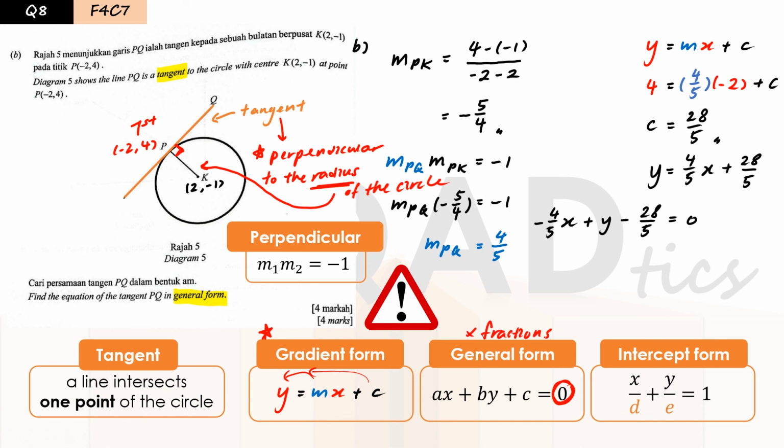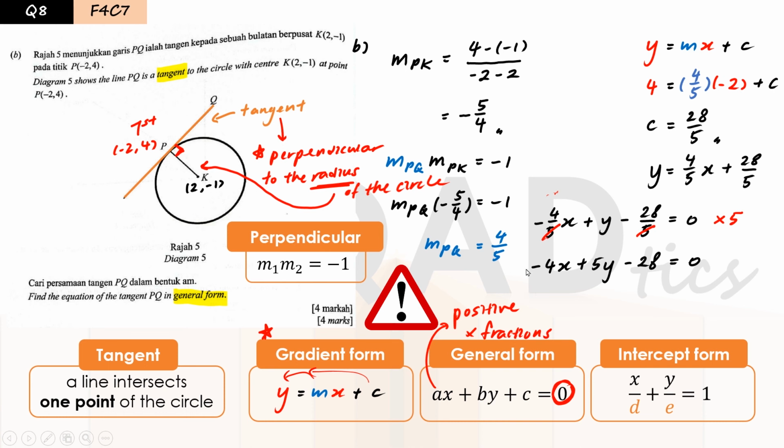So what we are going to do is remove the denominators here, and we are lucky because both of them have the same value. So we just multiply the entire equation by 5. Okay, so the 5 here will cross off for these two values. For the y here, we'll multiply by 5. And another thing to take note of is this value of a, make sure it is positive.